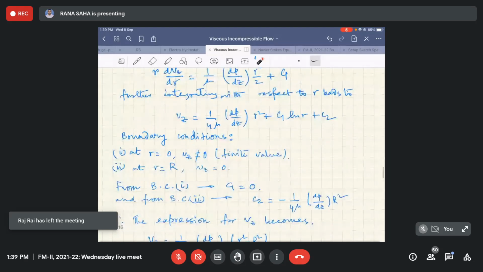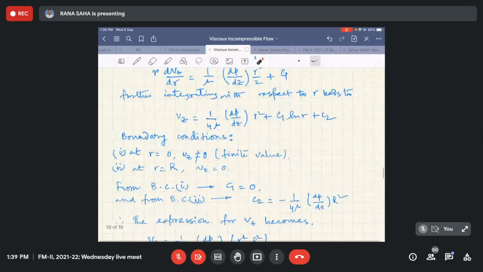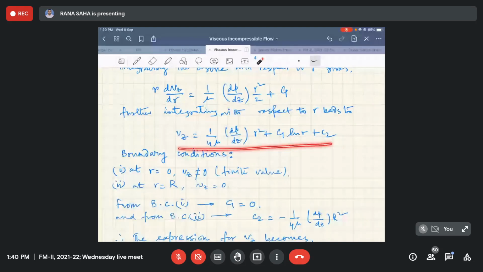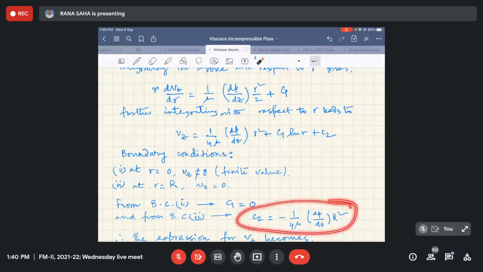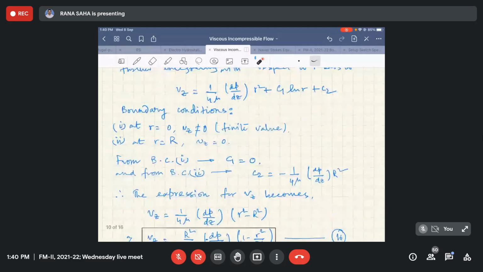The condition 2 gives us the value of C2, which is written here. If you put Vz equals 0 and r equals capital R in the second equation here, you get the value of C2. So here you get this value of Vz.